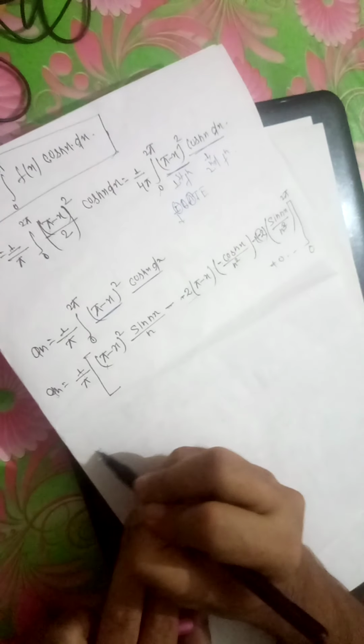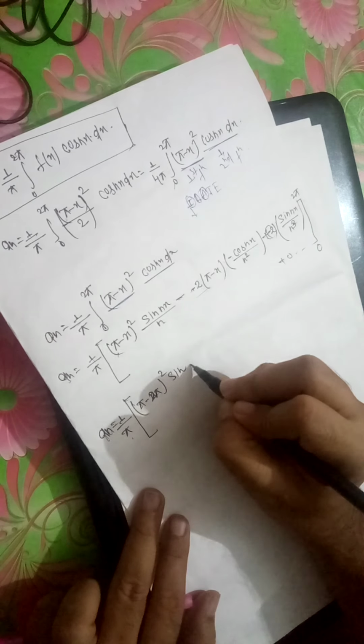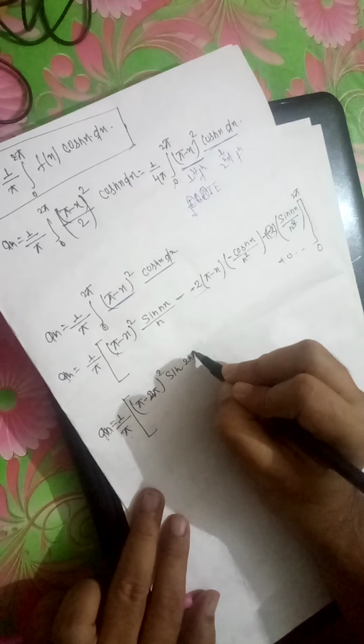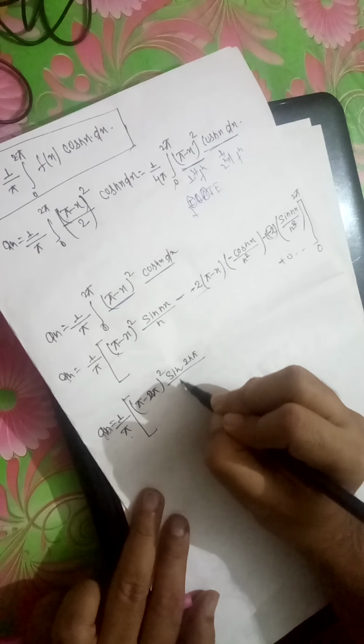Now we will put the limits. An is equal to what? 1 by pi times of, we will keep this value here. Pi minus x, in place of x put 2 pi: (pi minus 2 pi) whole square times sin n times 2 pi upon n.